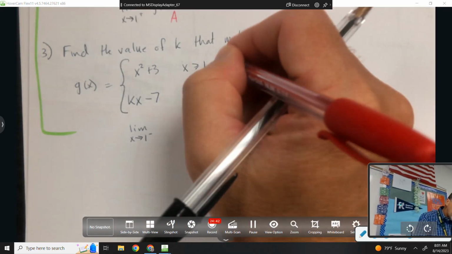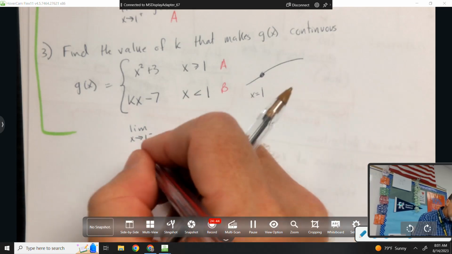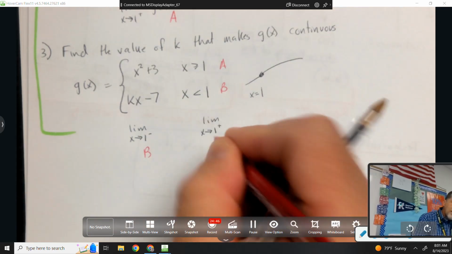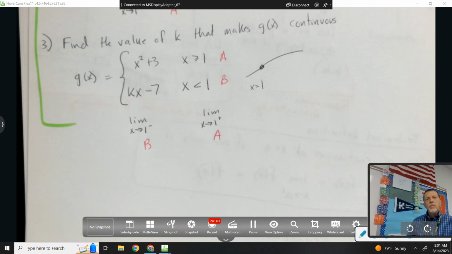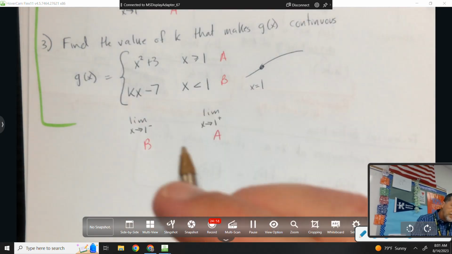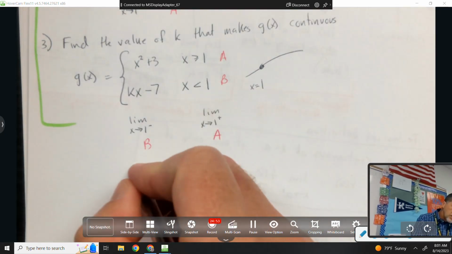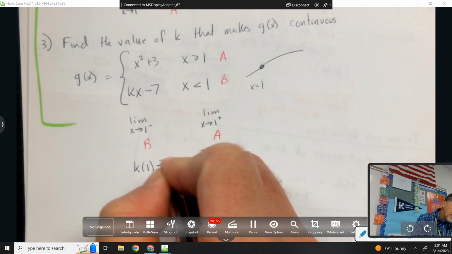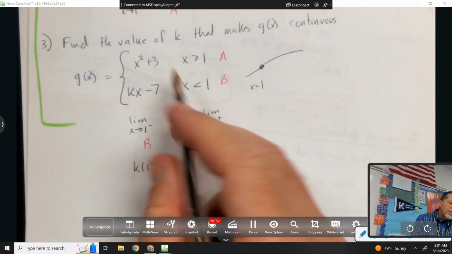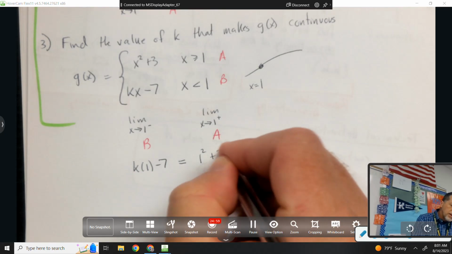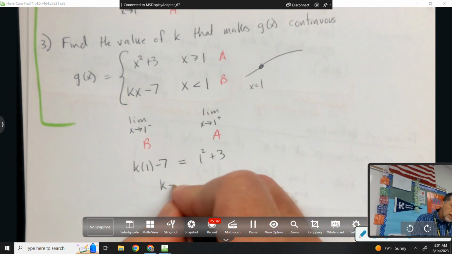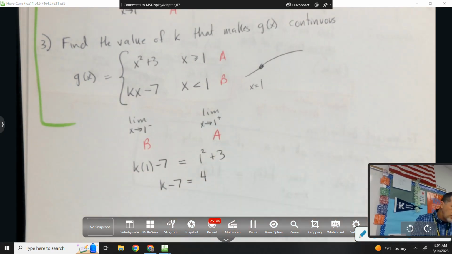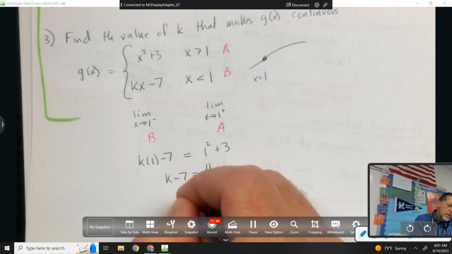So the left is part B, the way I lay this out. Right is part A. So k times 1 minus 7. I want that to equal 1 squared plus 3. So k minus 7 equals 4. So k equals 11.